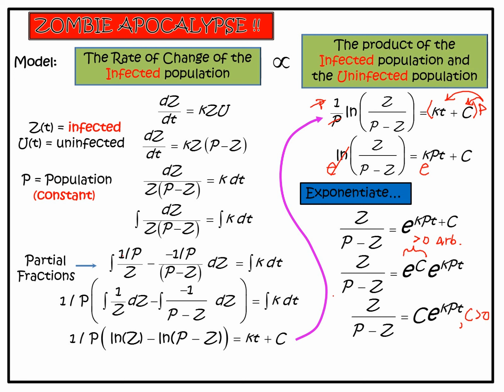So what next? How are we going to solve for z here? Well, we somehow got to get our z terms together. Let's multiply both sides by p minus z. If we do that and then collect our z terms on the left-hand side and then factor out a common factor and divide. So we got some algebra to do. It's not hard algebra. It's a little bit messy, but we got some algebra to do.